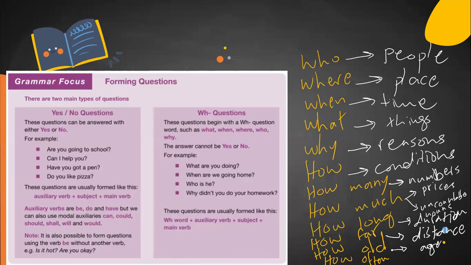How often do you play football? I play football every day. Okay, so if you want to ask how often something happens, you have to say how often.